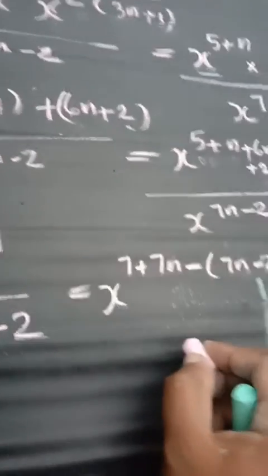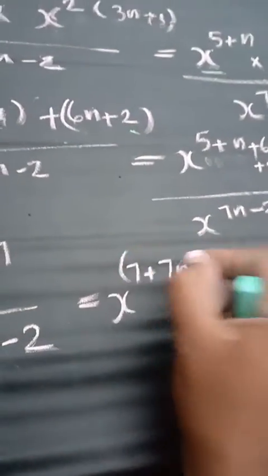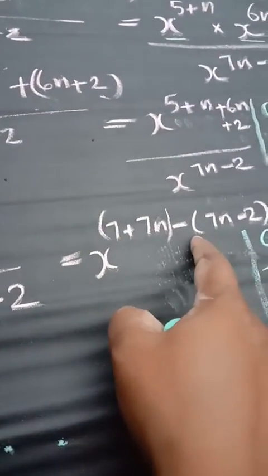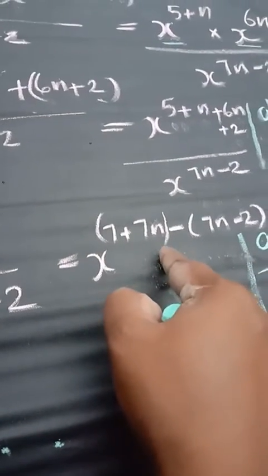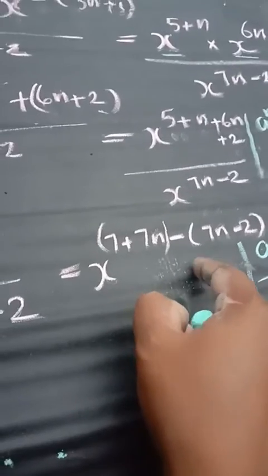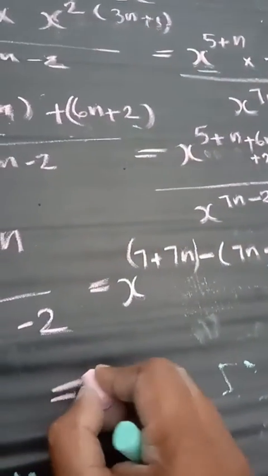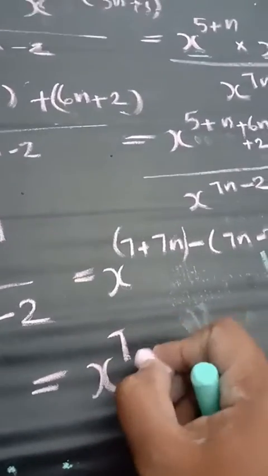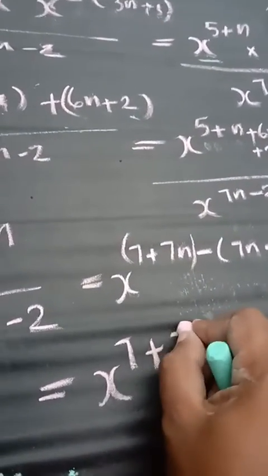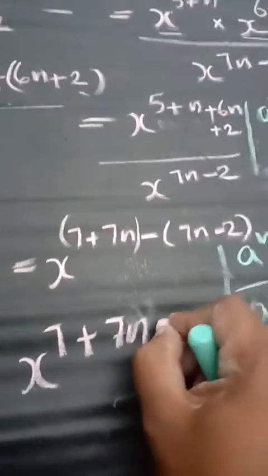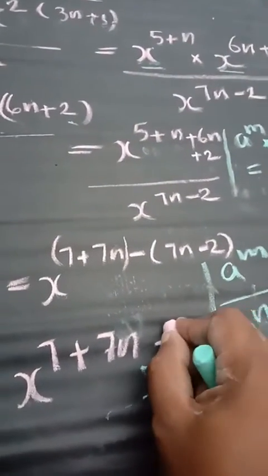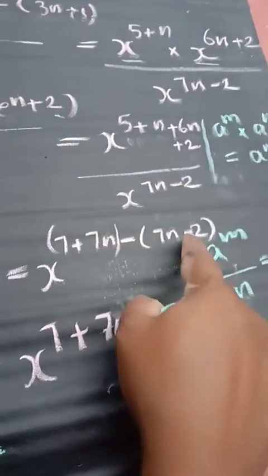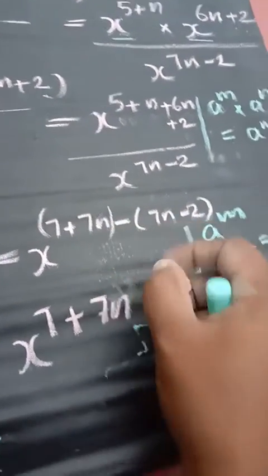Okay, a raised to m minus n, that is 7 plus 7n minus 7n minus 2. We can eliminate this bracket: 7 plus 7n minus 7n, and here minus of minus is plus 2.